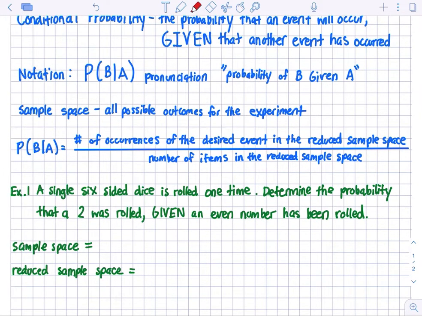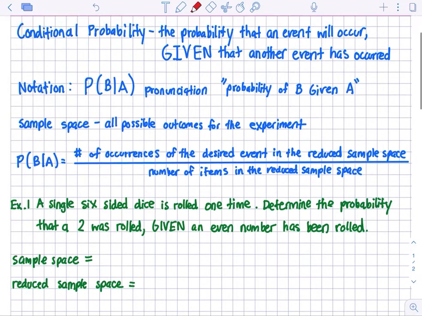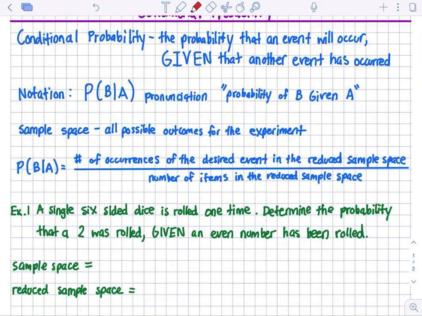Example 1 says a single six-sided die is rolled one time. Determine the probability that a 2 was rolled given an even number has been rolled. So let's do the sample space first, which is all the possible outcomes. Well, 1, 2, 3, 4, 5, 6. So initially there are 6 total possible outcomes, right?